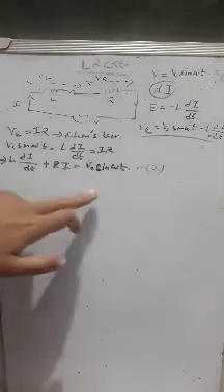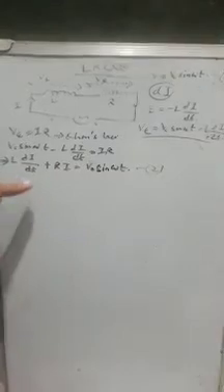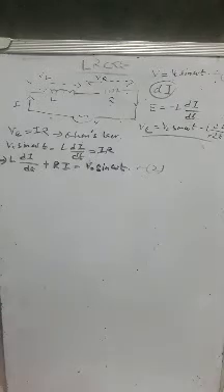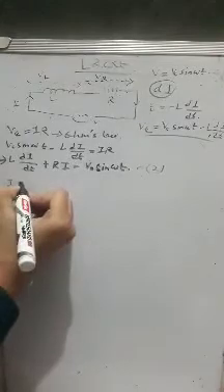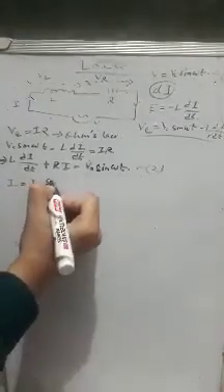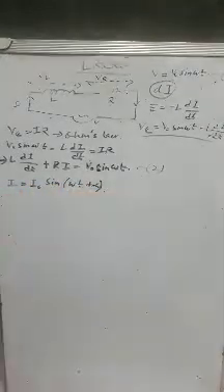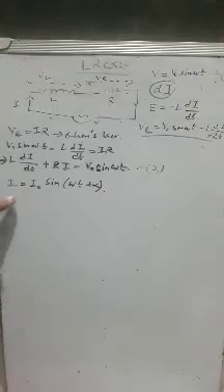From this equation, we have seen that V naught sine omega t is L di by dt plus Ri. Now students, let us recall the equation for the current. In the previous derivation also we considered the equation of the current as I equals I naught sine omega t plus alpha. Let us differentiate this equation of I with respect to t once.